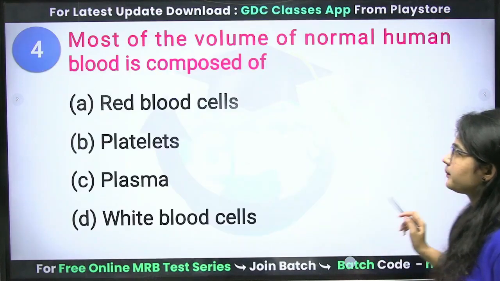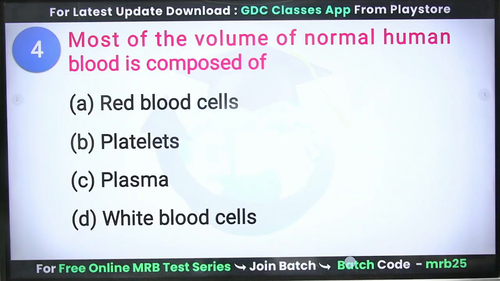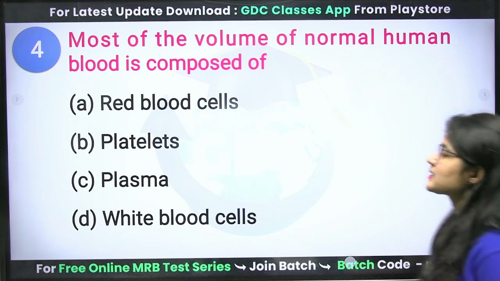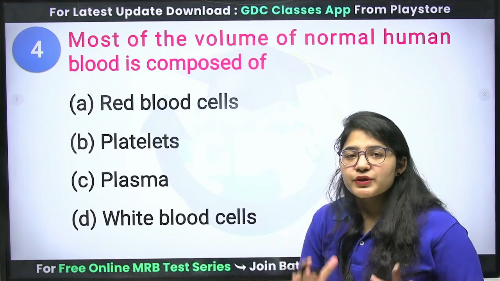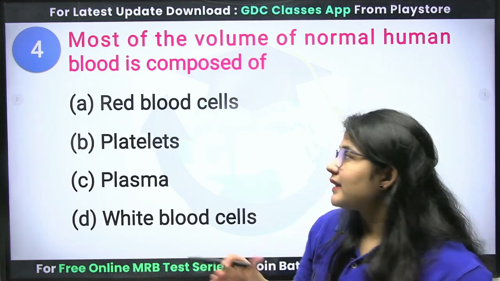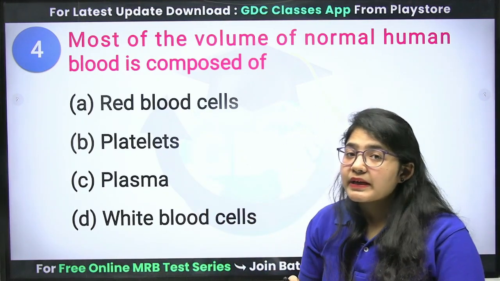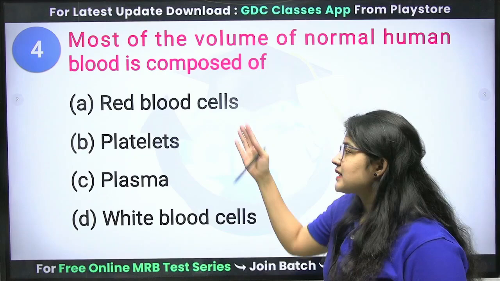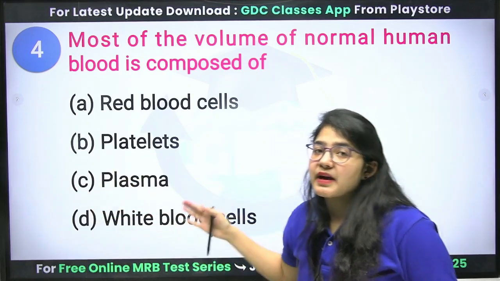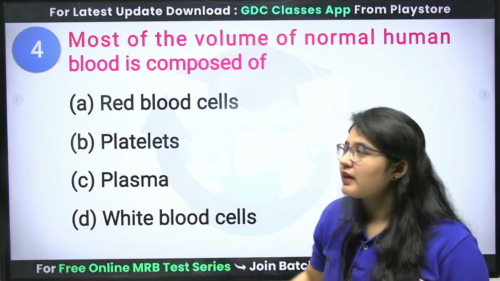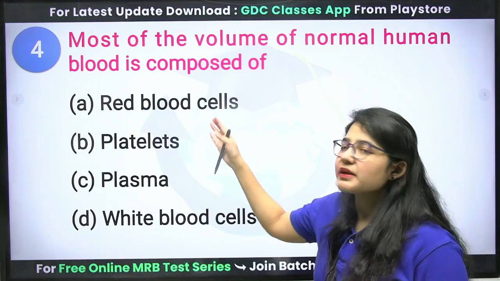Next question. Most of the volume of normal human blood is composed of. Most of the students are confused that red blood cells have the maximum content of your blood components, but no, the maximum content is the plasma, that is the liquid part. And next we have the red blood cells.